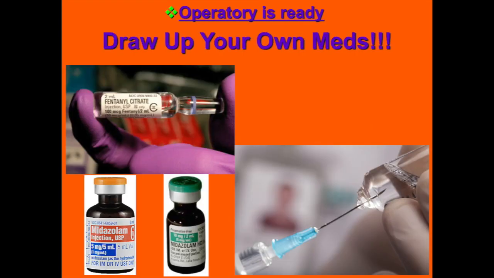The practitioner should draw up their own meds, especially if they're scheduled medications. They need to be kept with the practitioner and drawn up by them so that they can see what they've drawn up and that there's no diversion by any of the staff or any of the people working around these medications.